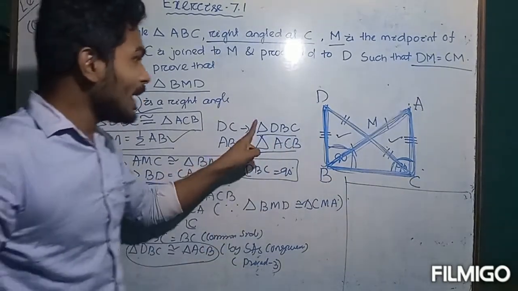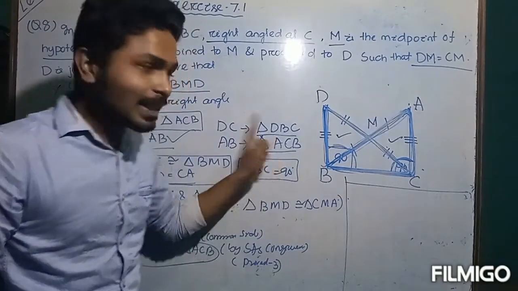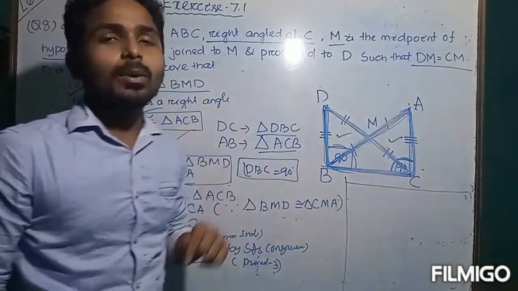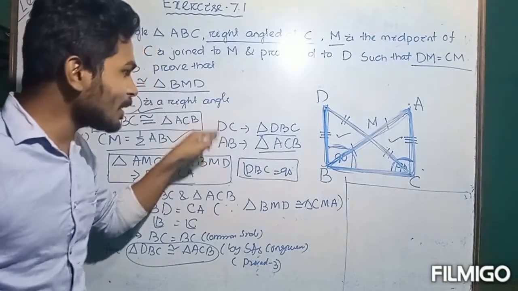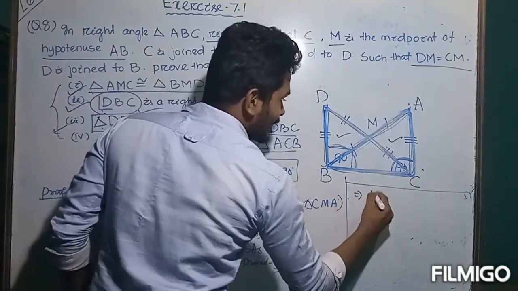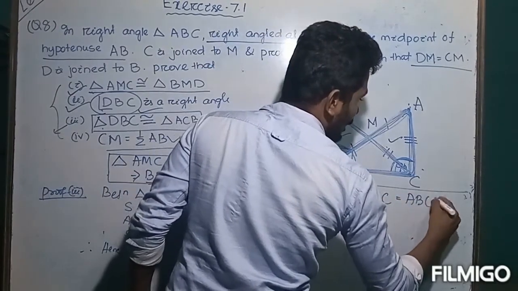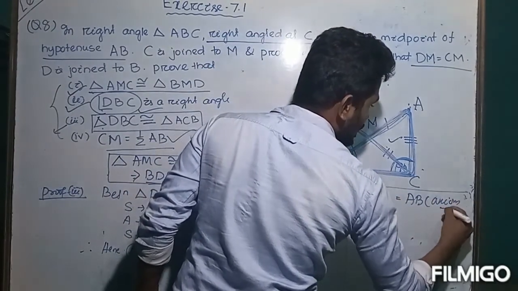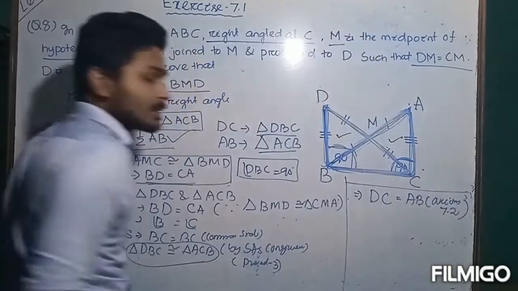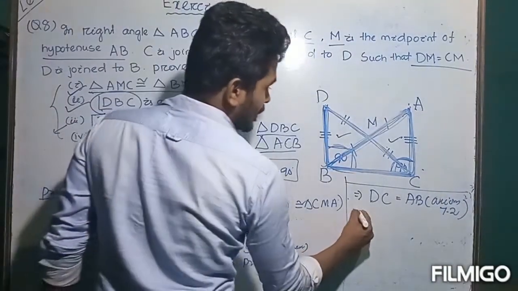So we know if any two triangles are congruent, then their corresponding sides must be equal, and these are the two corresponding sides. So we can write that DC is equal to AB due to axiom 7.2. This is clear? Next.